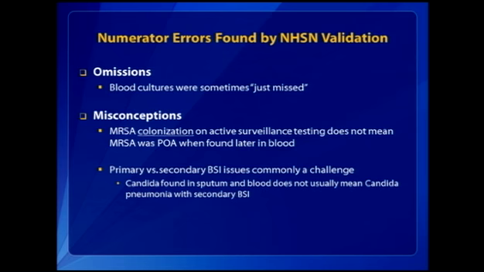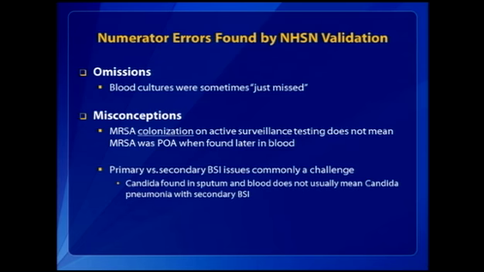So we had one state report to us that their hospitals did MRSA active surveillance testing, and that they thought because a patient was identified with MRSA colonization on active surveillance testing, that MRSA that was later found in blood would not be considered an HAI because it was already POA. That was a misconception.